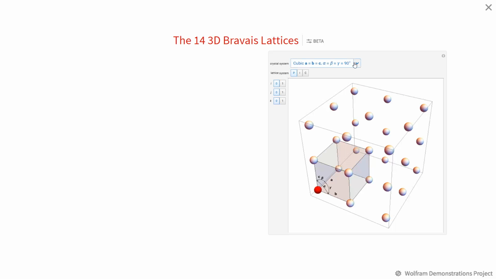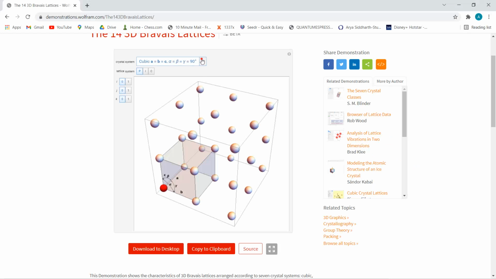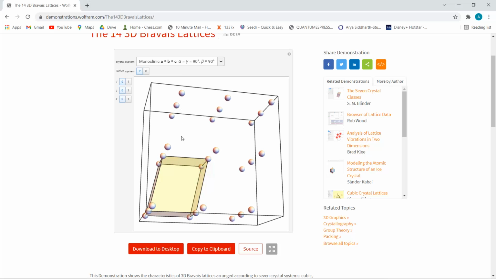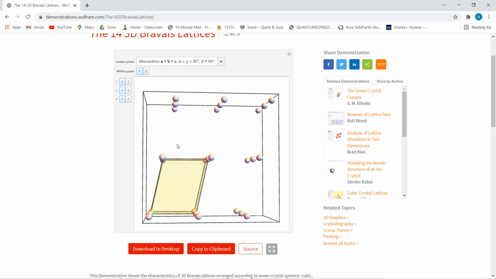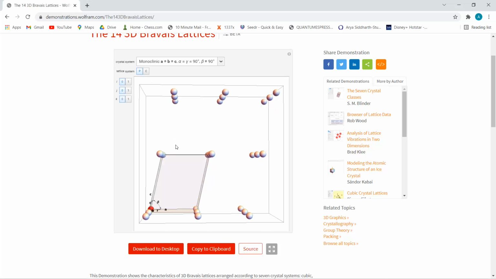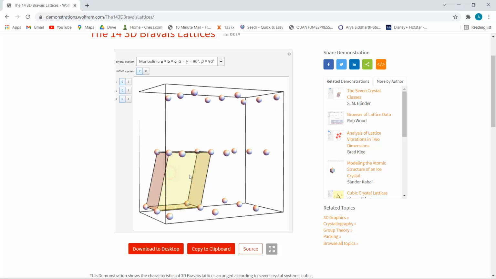If I talk about the monoclinic, in this case only two-fold rotation is present.